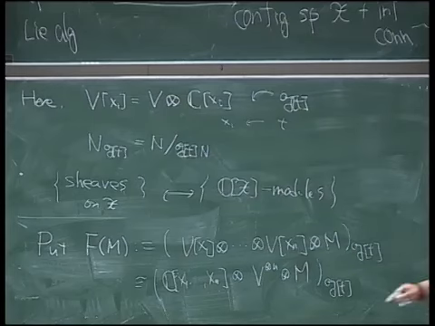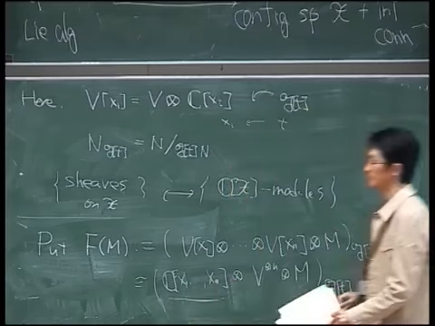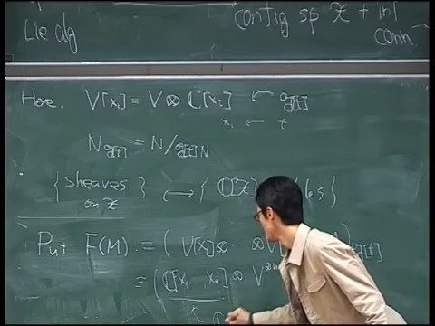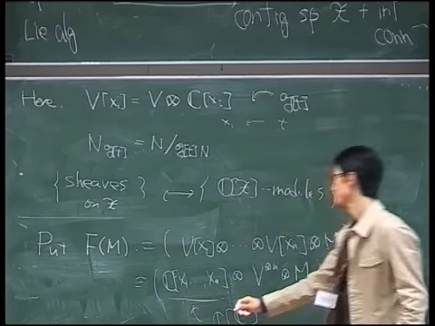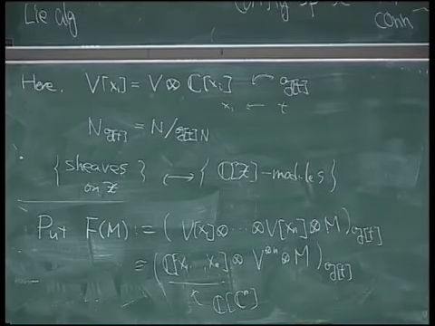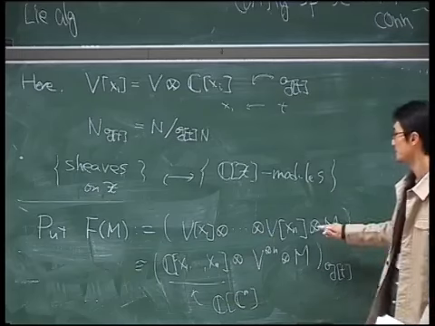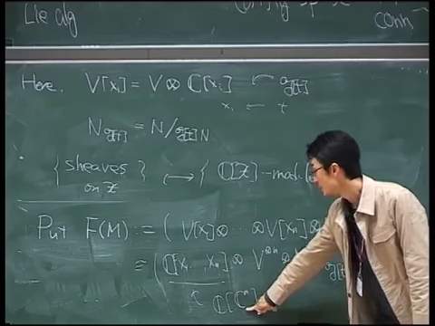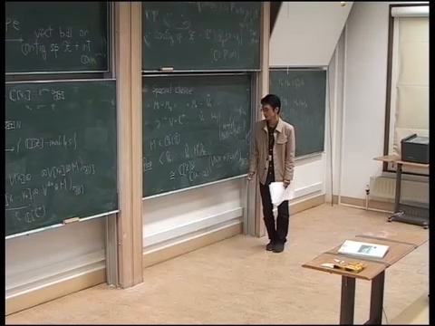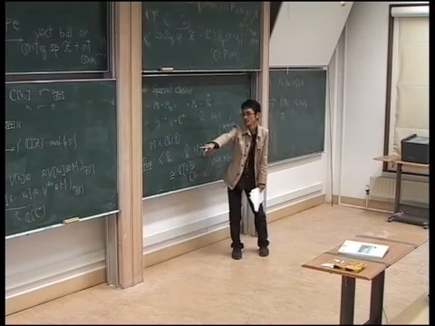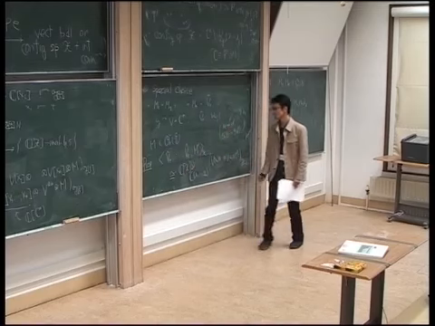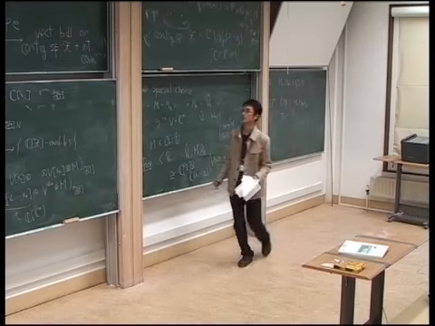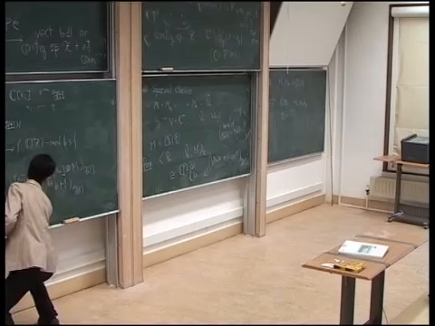So in particular, this is a module over this polynomial ring, which is also a coordinate ring of this bigger affine variety. So this is a sheaf over this bigger variety, and if you restrict that sheaf to this subvariety, then you get the vector bundle or sheaf of conformal co-invariants. This is the statement.